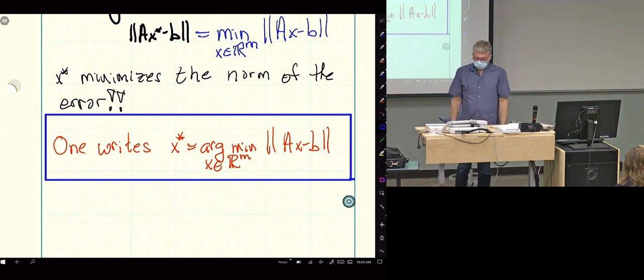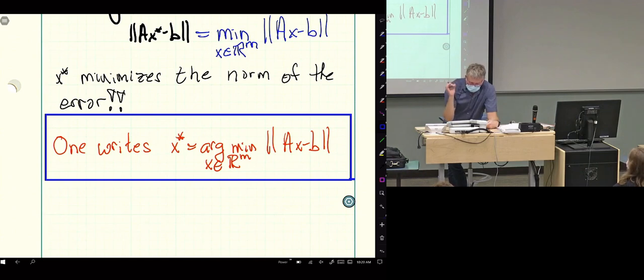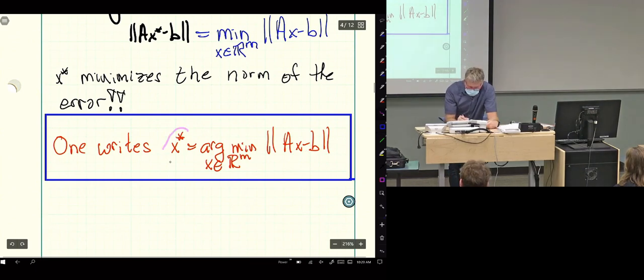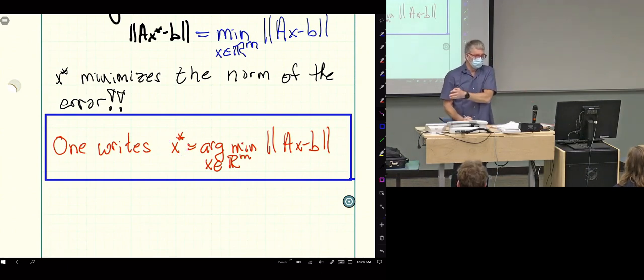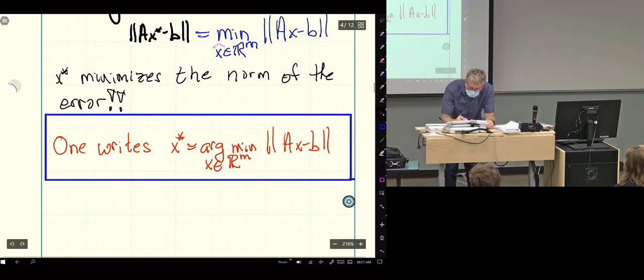Okay, so many cool engineering problems can be posed as, I want to minimize something, and I want the output of my process to give me the value that achieves the minimum. That's what this notation means. Arg min is the argument of the function. Okay, we're minimizing over all of these x's.